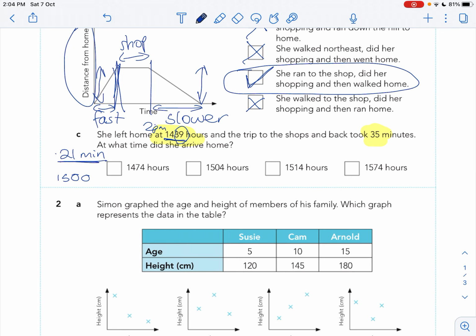So that uses 21 minutes, but it took her 35 minutes. So if we take that 21 minutes away, how many minutes are left? 14 minutes. So that means it's 14 minutes after 3 o'clock. So it must be 15:14.